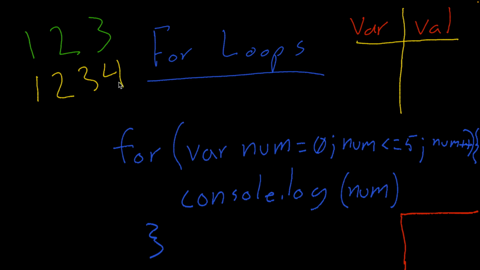Let's take a look. The first thing we read in our for loop is this for. Right after the for comes the parentheses. In this parentheses area are the directions for how we need to iterate through something, repeat steps a certain amount of times, or read through a list of something.